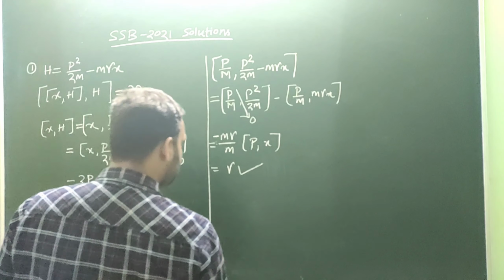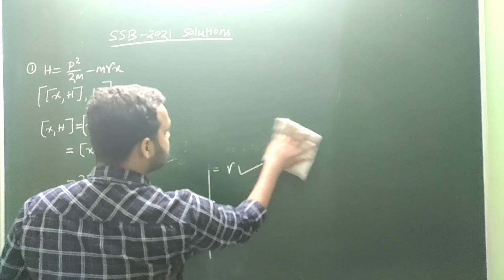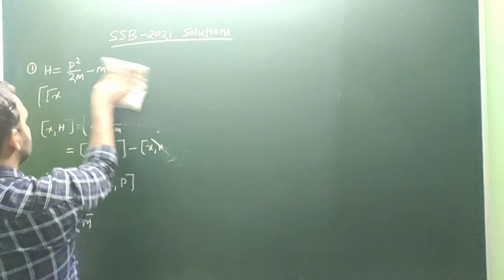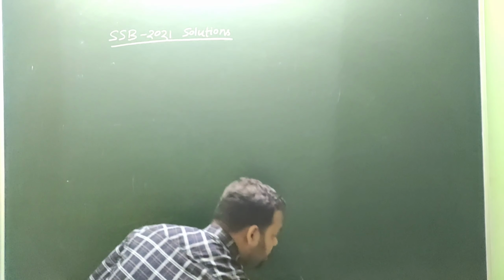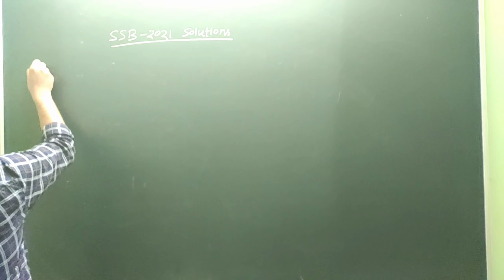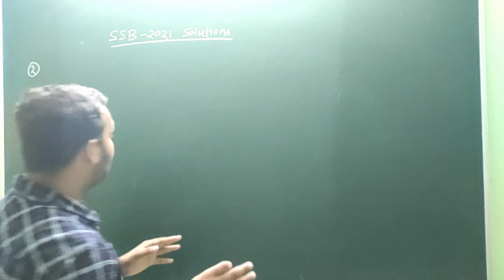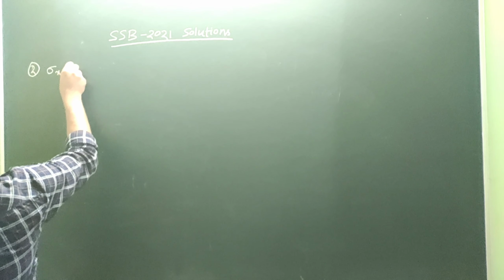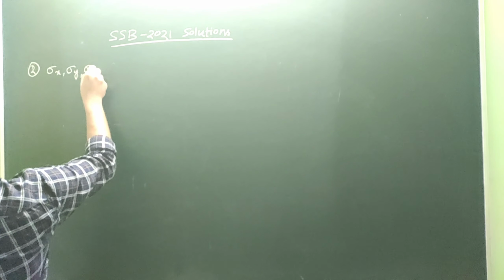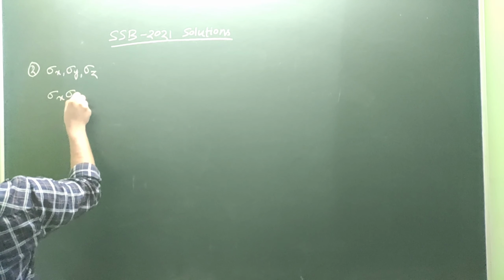And let's take the second question. Let me remove this one first. So the second question is, you know, the 3 Pauli spin matrices, that is sigma x, sigma y, sigma z, and he was asking the product of these 3.